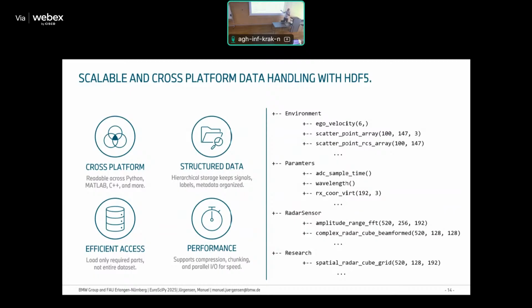On the right hand side, you can see an example of how my data is structured. I have the environment data, which is basically the speed of the car, all my ground truth data. I have the parameters, which I mentioned, wavelength, stuff like that, and the data itself, which I generated.